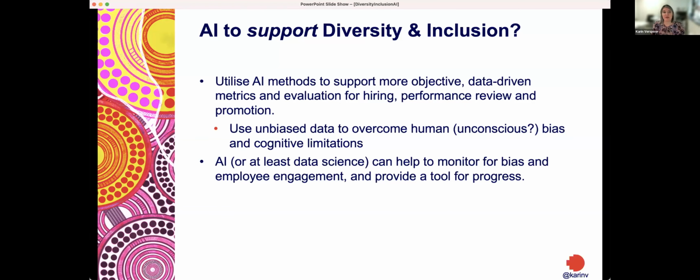So there's also been some discussion about using AI to support diversity and inclusion, with the idea that we can train models that are more objective and data-driven in order to assess people for hiring or performance review or promotion. I already talked about one place where this might go wrong, but it is clear that people are biased too, right?